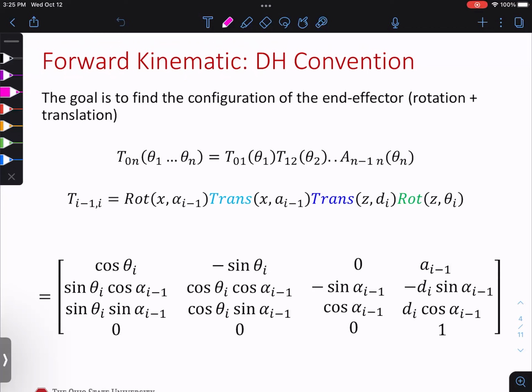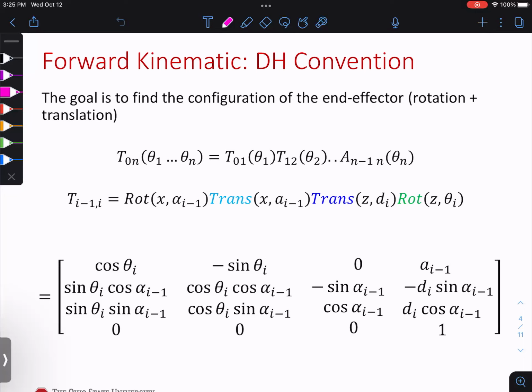If you follow this sequence and find that information, the multiplication of that will give you the transformation between link i-1 to link i. Now, why these specific axes? So a rotation about x, a translation along x, a rotation about z, a translation along z. These go back to those assumptions. We only care about x and z axes.